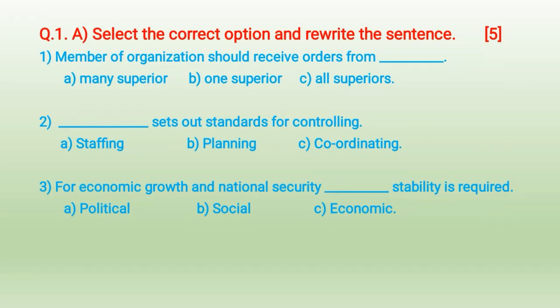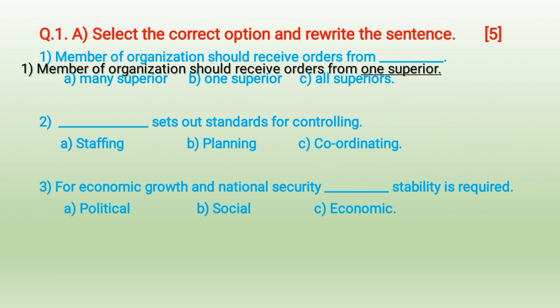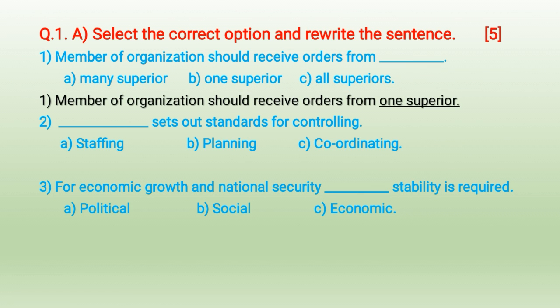You must read all the 3 options and then decide that the correct option is one superior. So you have to write the statement first in the answer sheet, and in the blank space you must write one superior, and you must underline the answer.